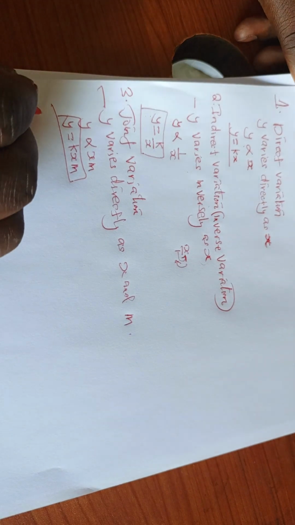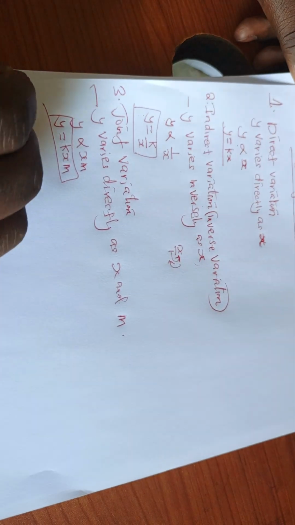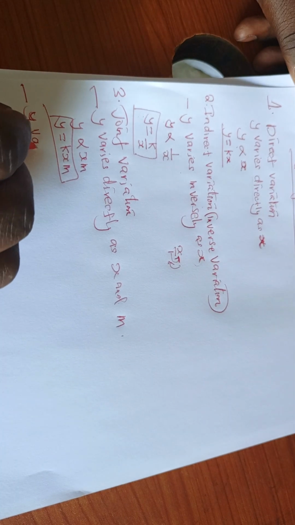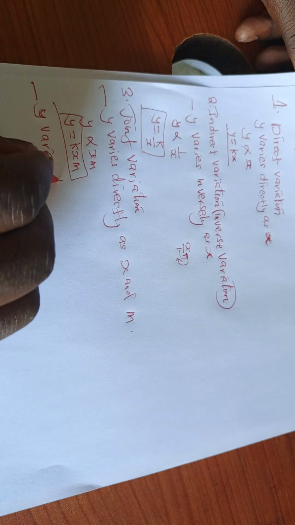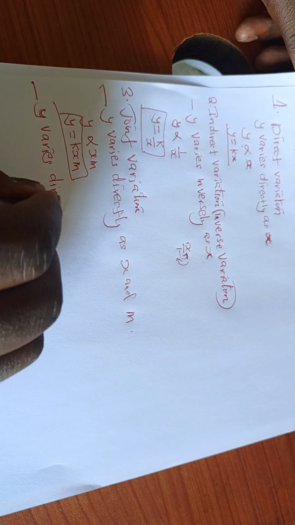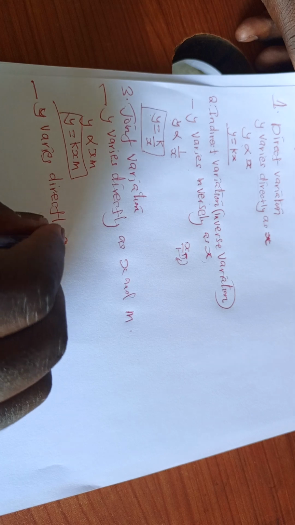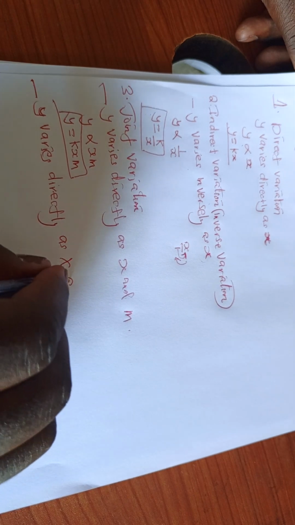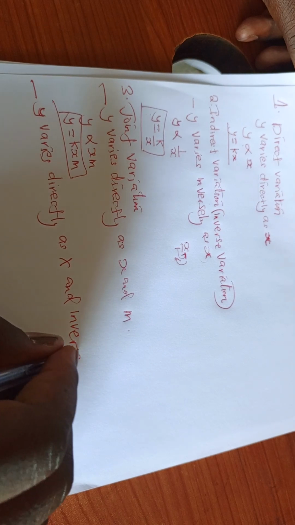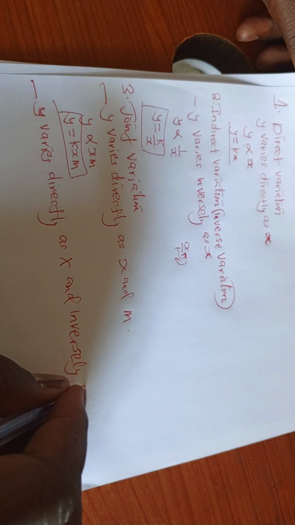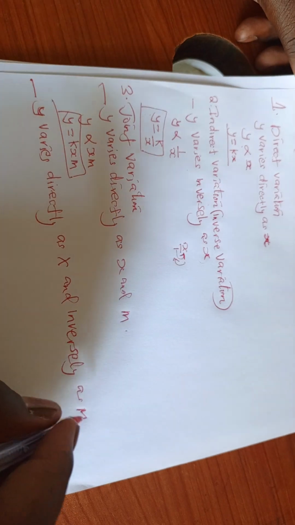Sometimes they can say y varies directly as x and inversely as m.